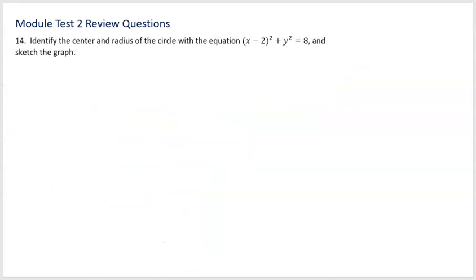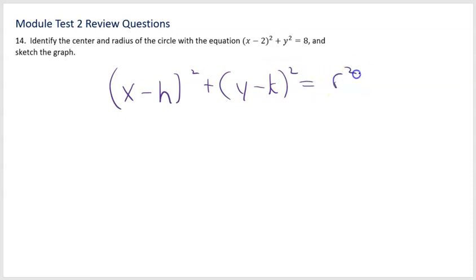Problem 14, we're supposed to identify the center and radius of this particular circle. Now, if you'll notice, a circle, let me just give you the formula: (x minus h) squared plus (y minus k) squared is equal to r squared.